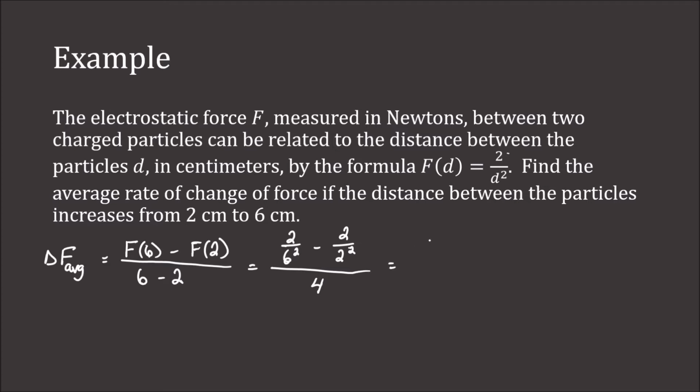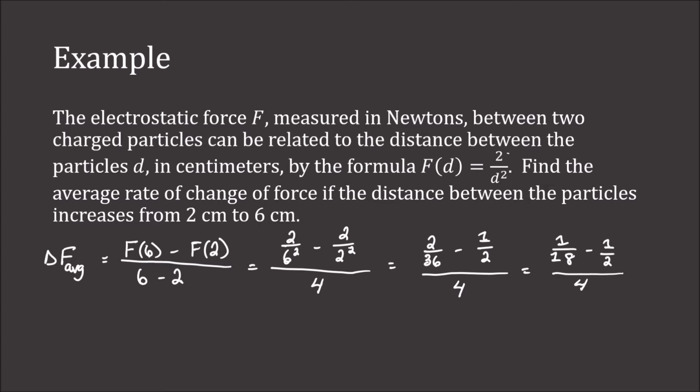So we get 2 over 36 minus a half, all over 4. So it's 1 over 18 minus a half, all divided by 4. So 1/18 minus a half.